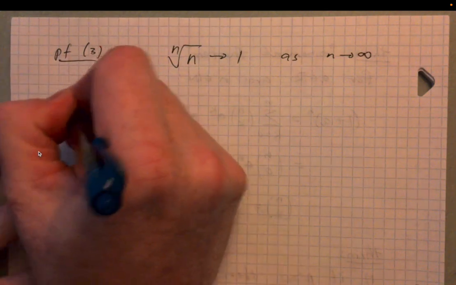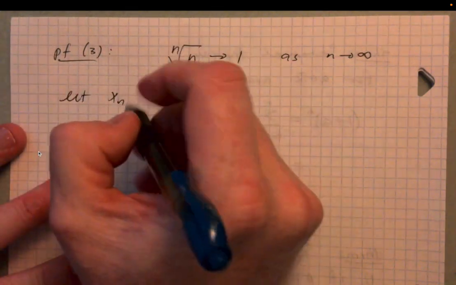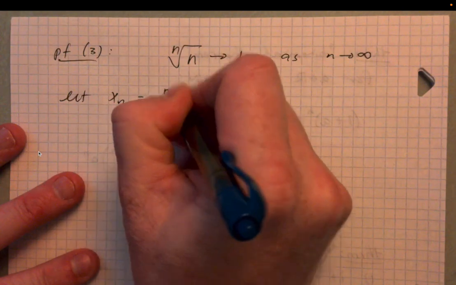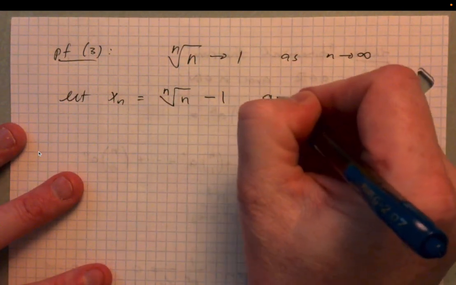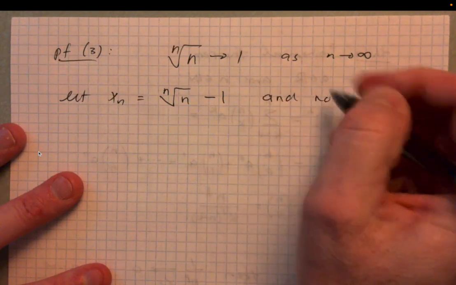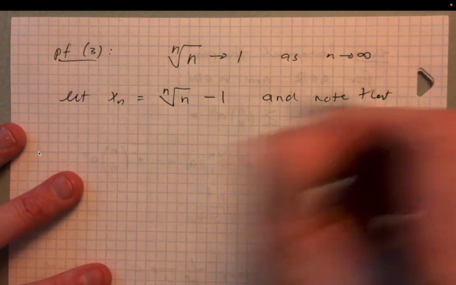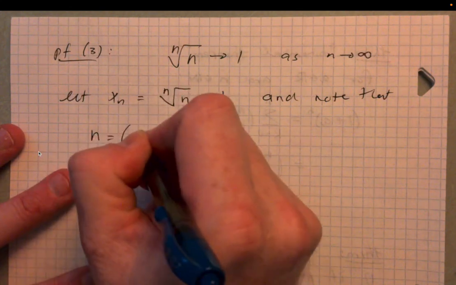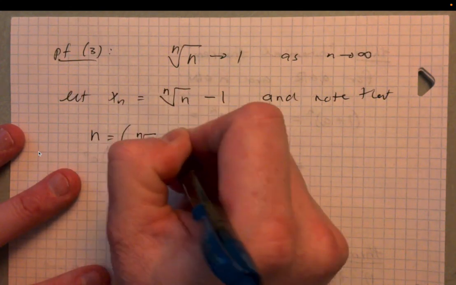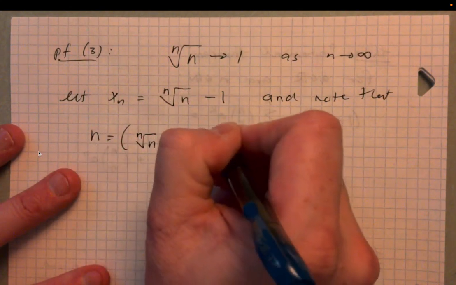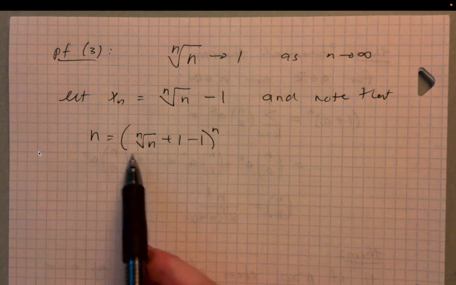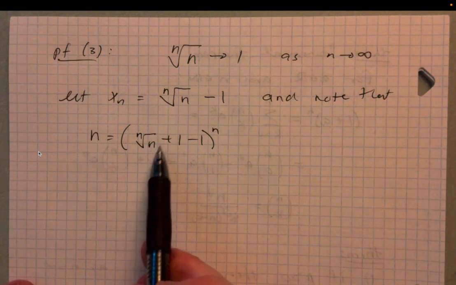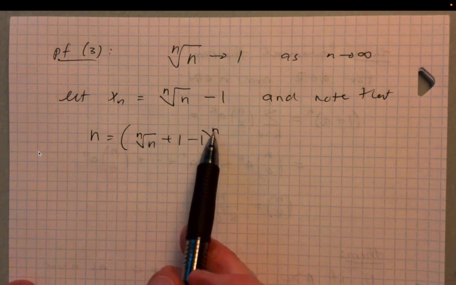So we're going to let x_n equal the nth root of n minus 1. Note that n is equal to the nth root of n plus 1 minus 1, raised to the nth power. Obviously, plus 1 minus 1 is just 0, and the nth root of n raised to the n is just n.